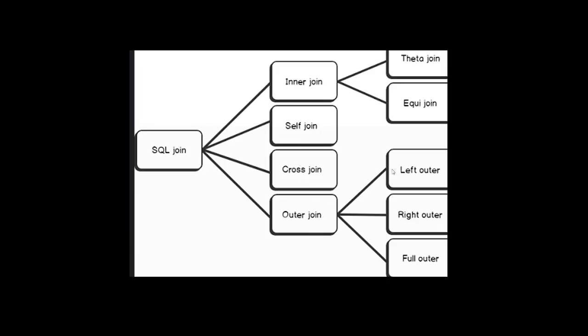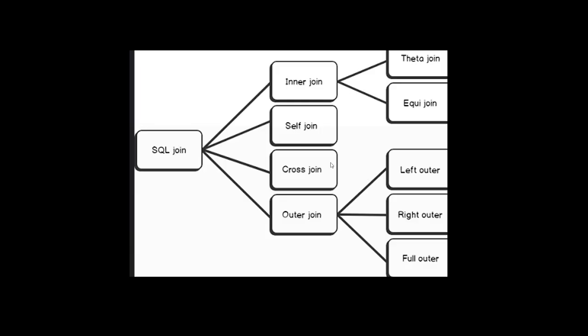Then outer joins are divided into left outer joins, right outer joins, full outer joins. And inner joins are divided into theta joins and equi joins. Be it from an interview perspective or if you're using SQL at your work, I would highly recommend focusing mainly on inner joins, self joins, and outer joins, because 90% of your SQL workflows will make use of these kinds of joins.